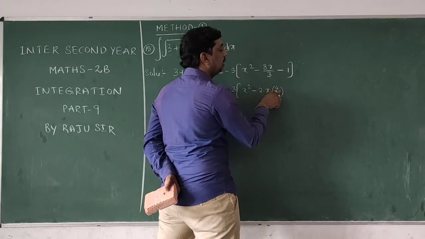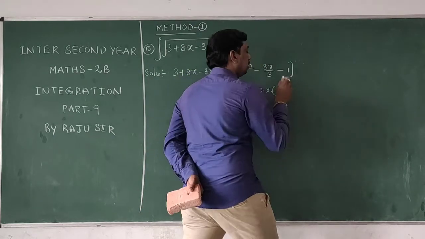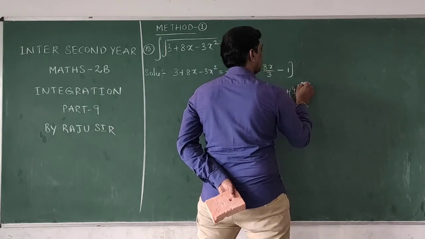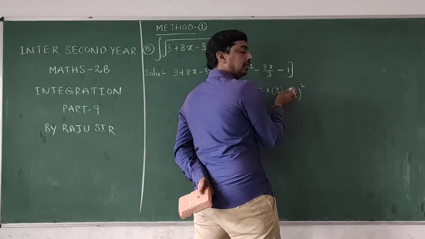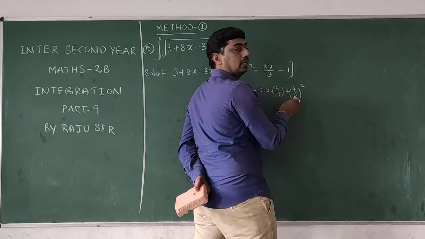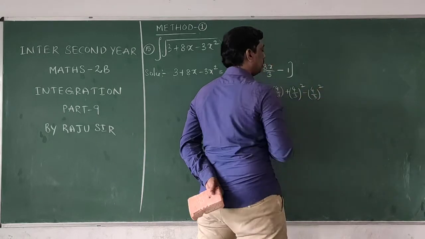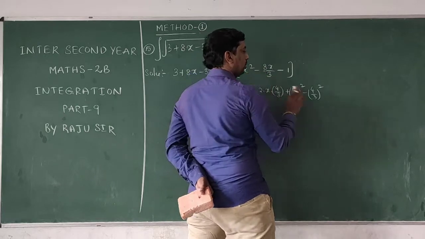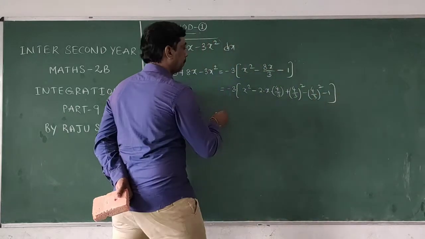So we get b value as 4 by 3. We need the b square value, but there is no 4 by 3 whole square, so add 4 by 3 whole square and subtract 4 by 3 whole square. By writing like this, the total function value does not change. Remaining value minus 1, keep it as is.